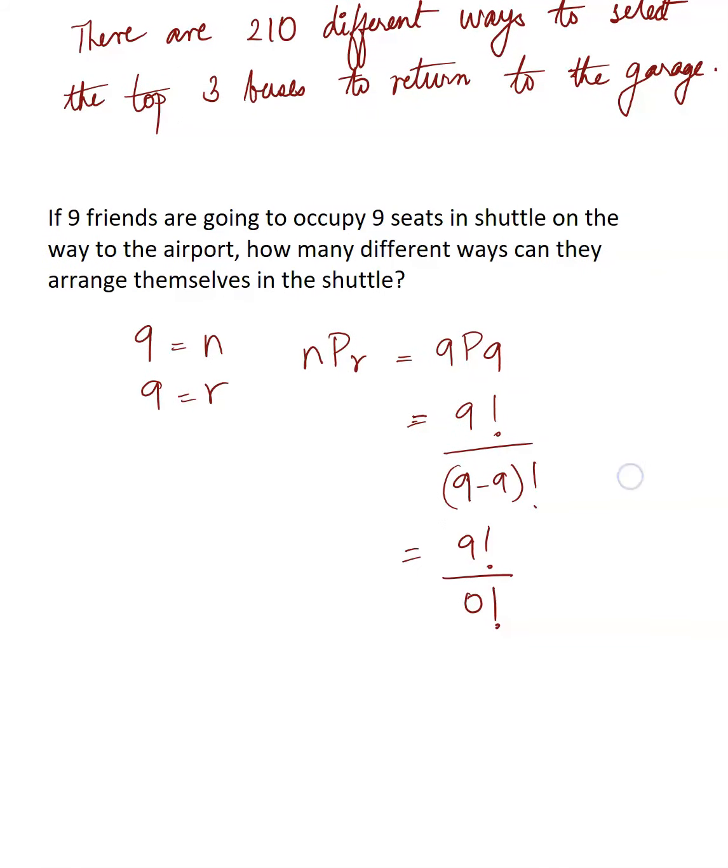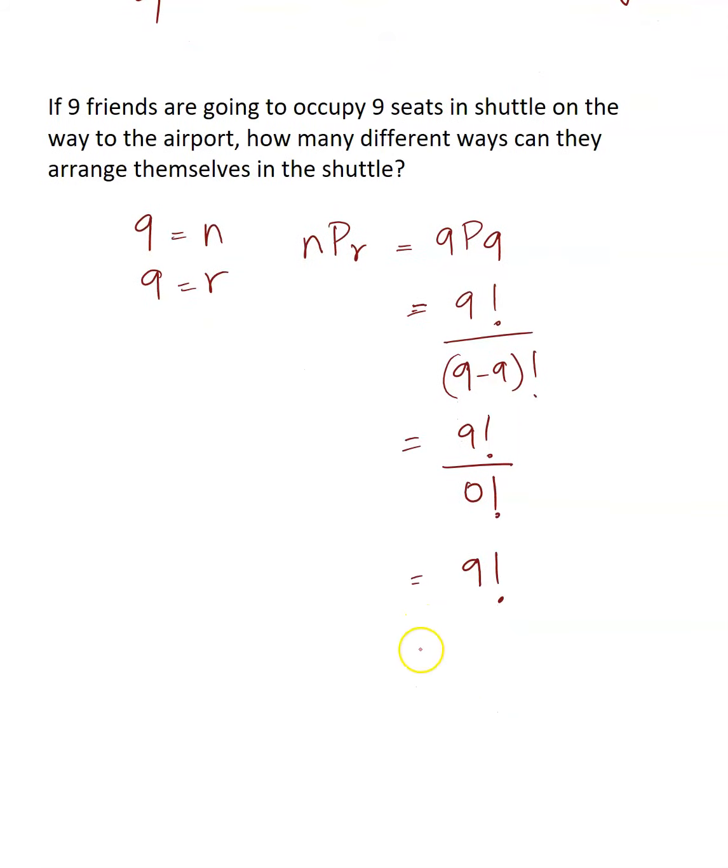If it's just 0, in math that's really problematic, it means it's undefined. But 0 factorial is defined to be 1. So this is the same as 9 factorial. If you computed this, you would have 362,880. So there are 362,880 different ways for the 9 friends to arrange themselves in the 9-seat airport shuttle.